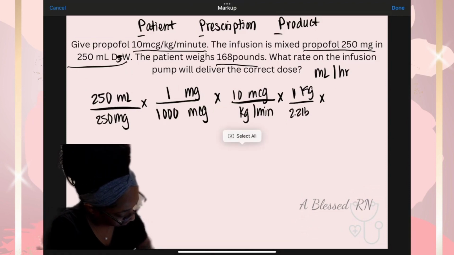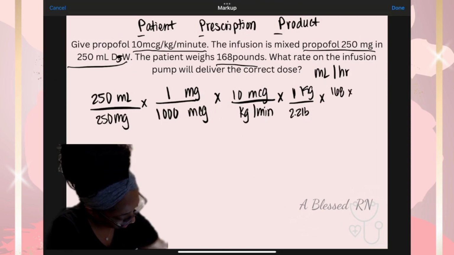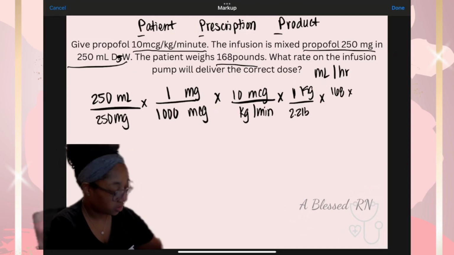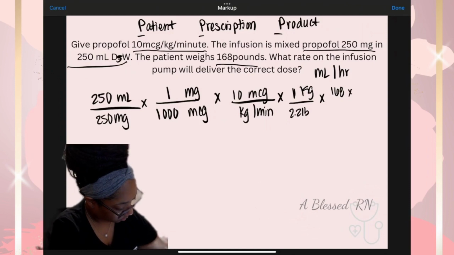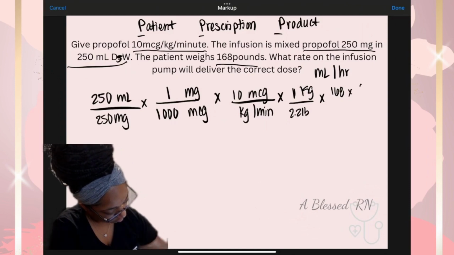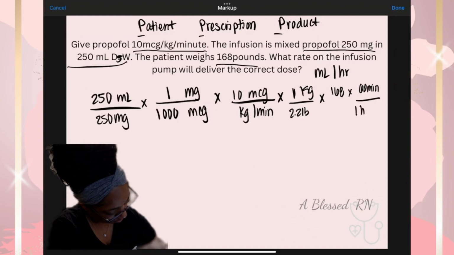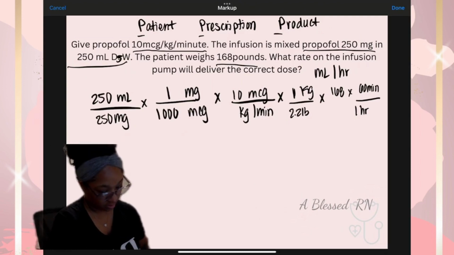Your patient's weight is what, 168. And then also we gotta do one last conversion for your time. So 60 minutes over 1 hour. All right, so let's make sure all of our stuff is crossing out.